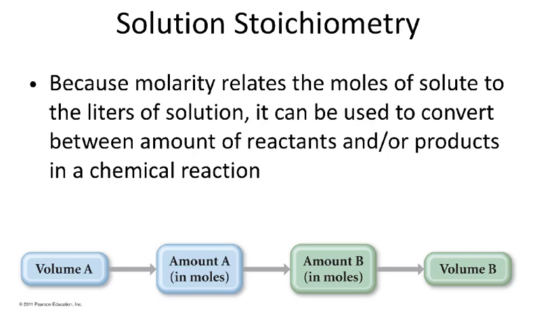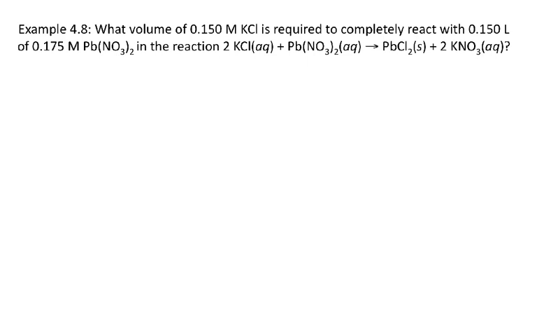We can go from volume to moles to moles to volume, assuming we know molarities of things. So for example, what volume of 0.150 molar potassium chloride is required to completely react with 1.50 liters of 0.175 molar lead 2 nitrate in the following reaction?